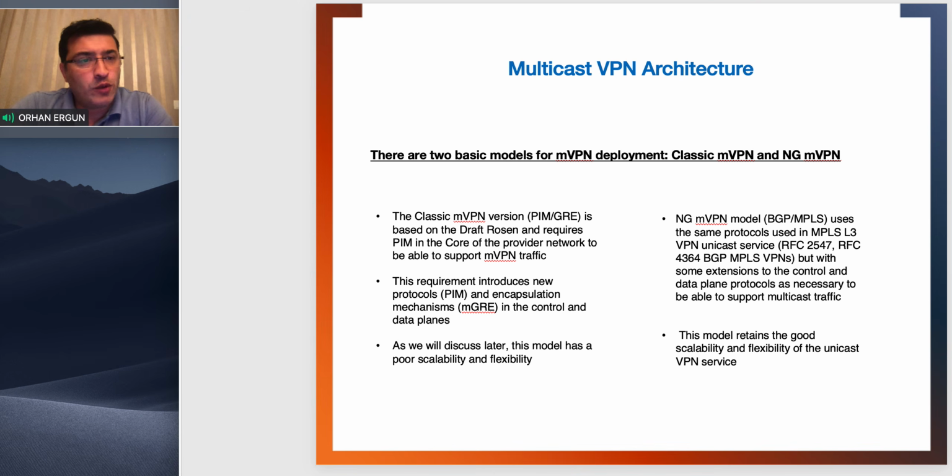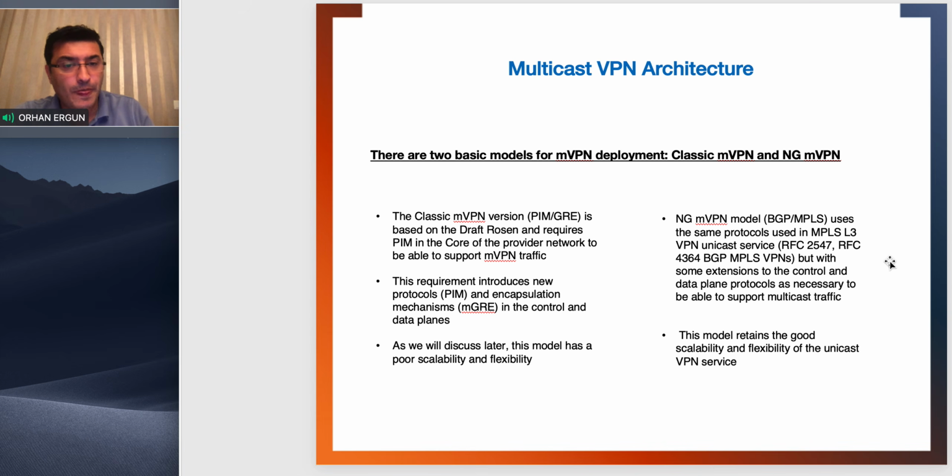So control plane in the provider network for the multicast VPN is PIM. Data plane inside the provider network for the multicast traffic is GRE. So control plane PIM, data plane GRE. And we will discuss this model also when we go through profiles, etc.